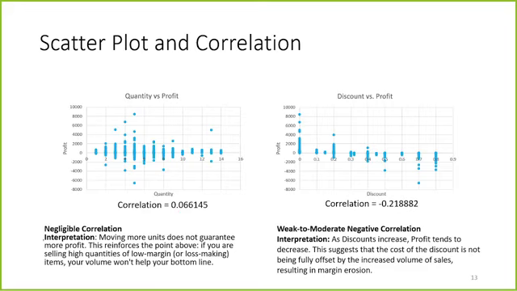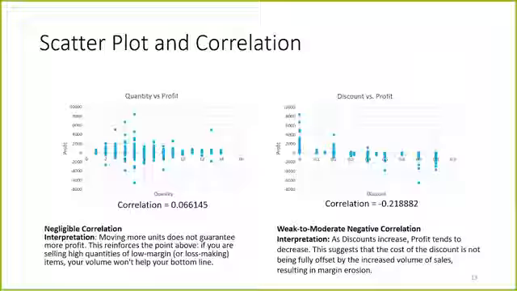Okay, so the interpretation from AI says moving more units does not guarantee more profit.